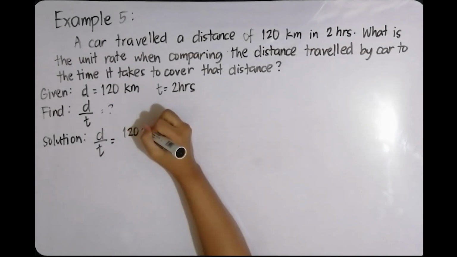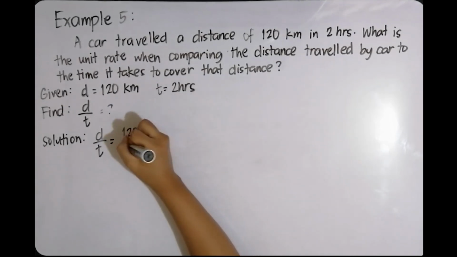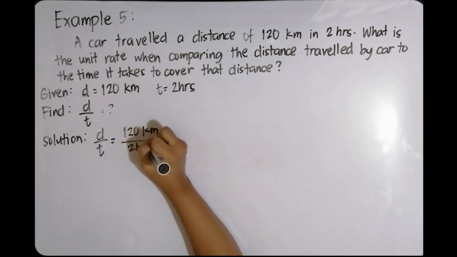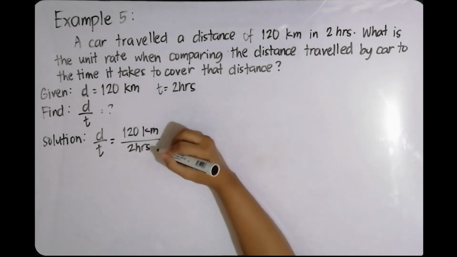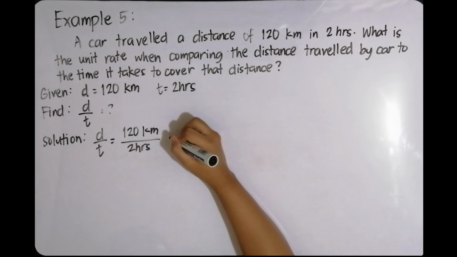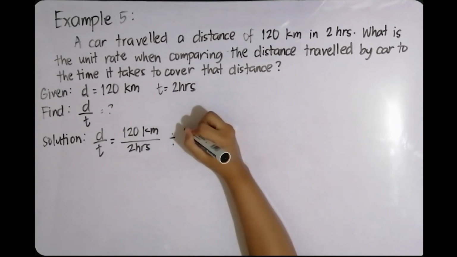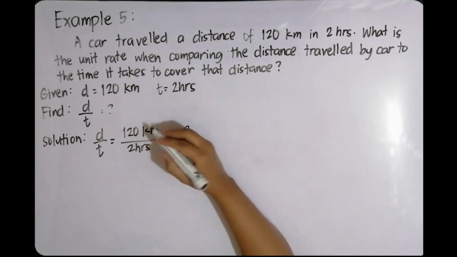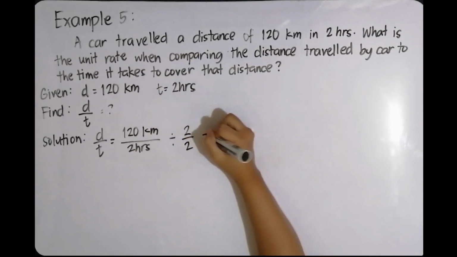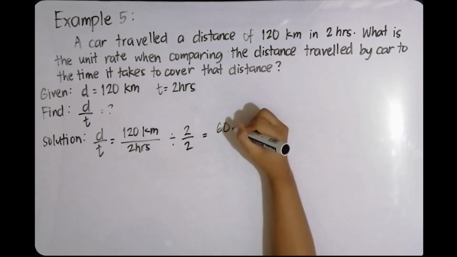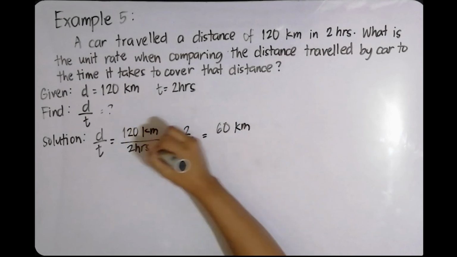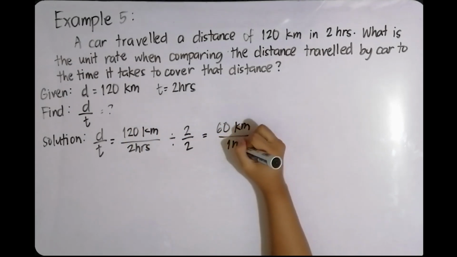So we have 120 kilometers over 2 hours. To get the simplest form, we can divide both by 2, since they are divisible, or the GCF is 2. So 120 kilometers divided by 2 is 60 kilometers. Then 2 hours divided by 2 is 1 hour.